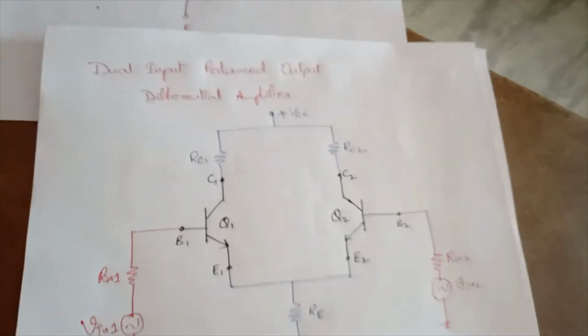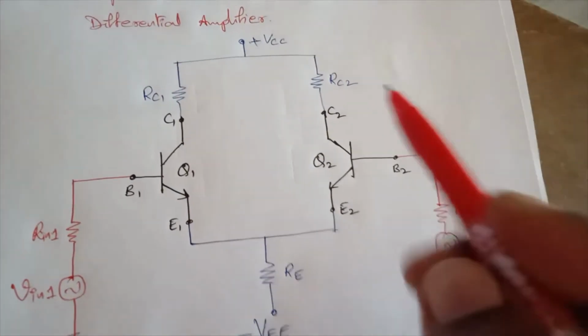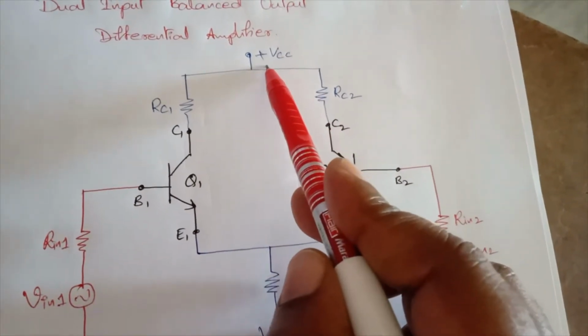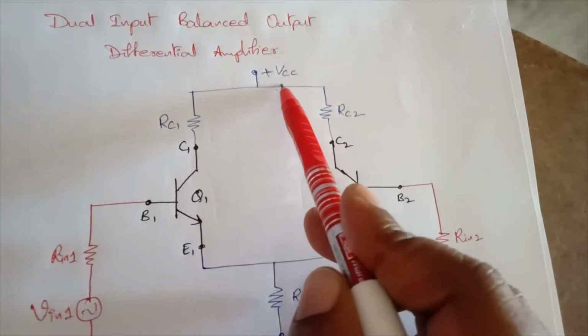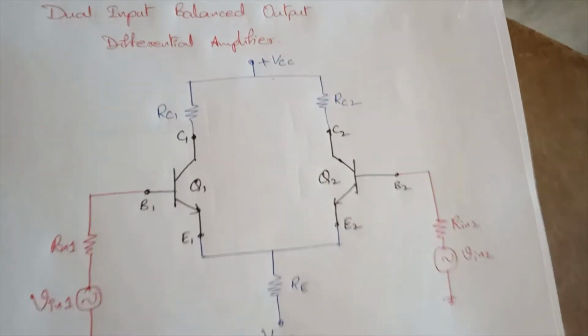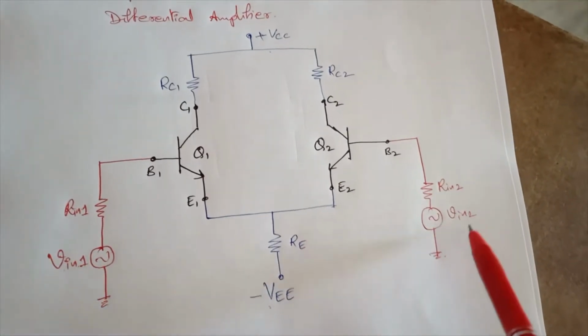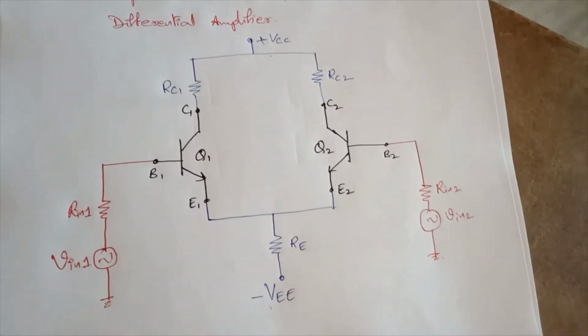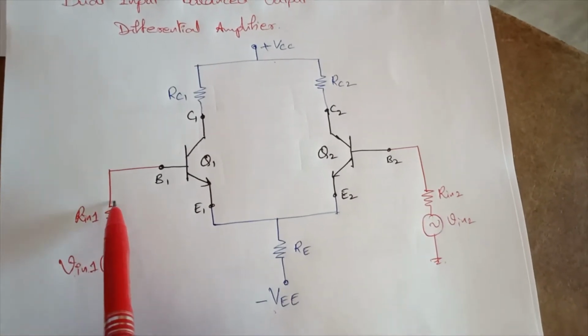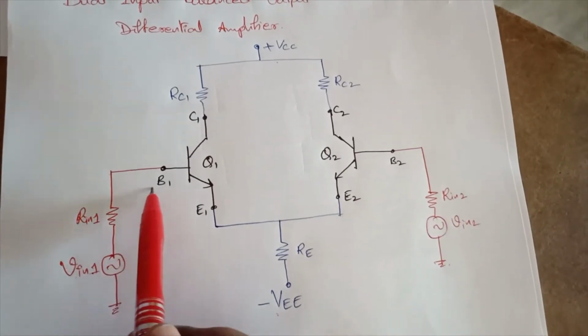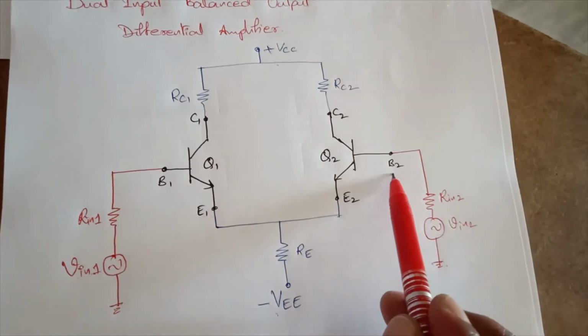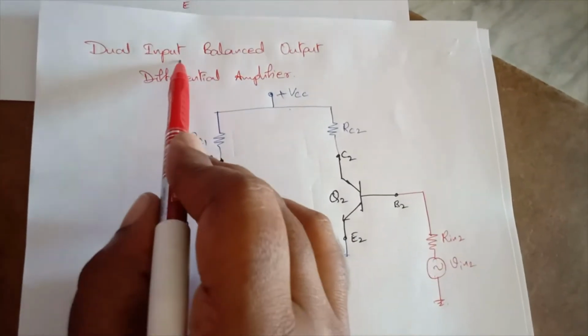If you observe, the DC supplies are denoted with capital letters and AC supplies with small letters. So I am giving one input at base 1 and another input at base 2. We are giving two inputs, that's why we name it dual input.